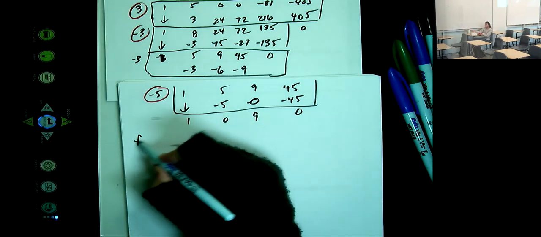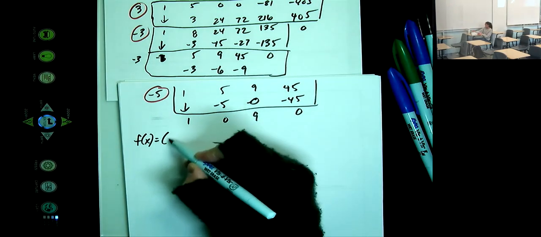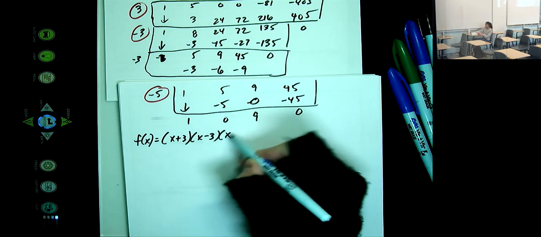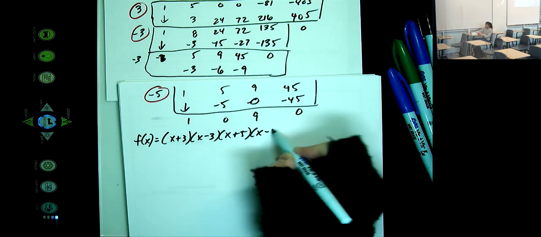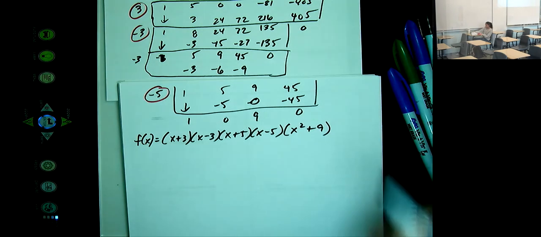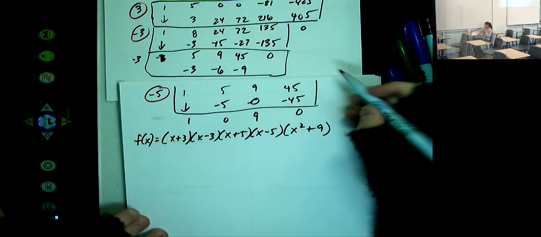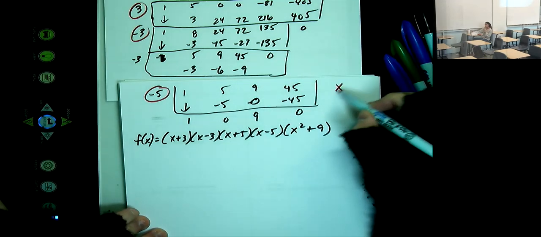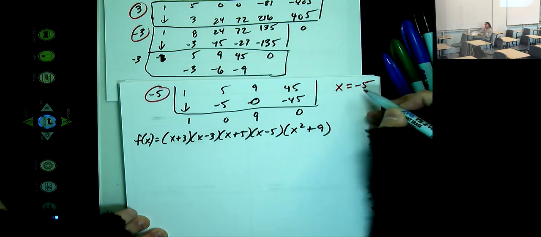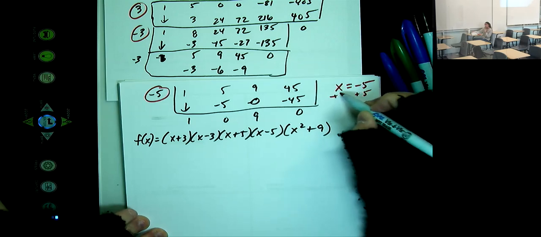So we're down to f of x equals x plus 3, x minus 3, x plus 5, x minus 5, x squared plus 9. Remember, when you're doing these, you're taking the answer we had over there and saying x equals that, and then making the right side 0 by adding 5.